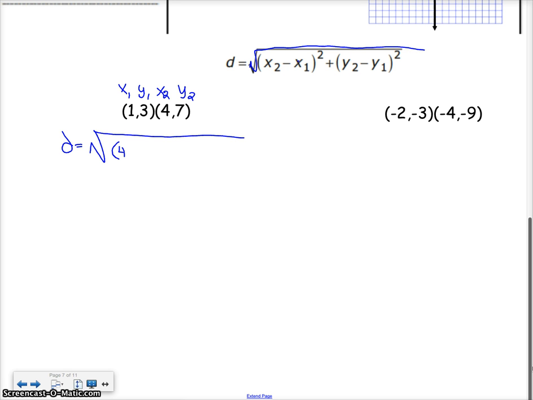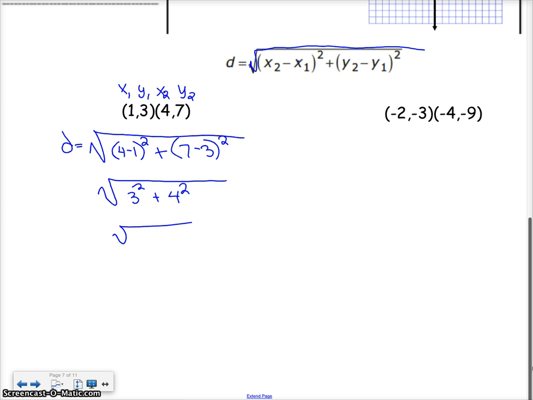So 4 minus 1 squared plus second y, take away the first y, squared. So 7 minus 3 squared. Still doesn't look so pretty, so I'm just going to evaluate some stuff. This is the square root of 3 squared plus 4 squared. It's looking a little better.